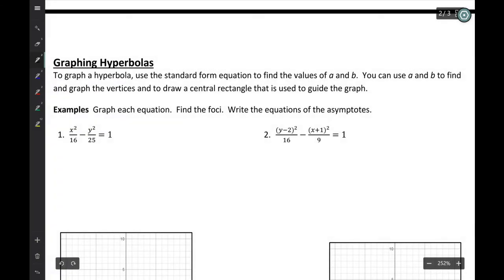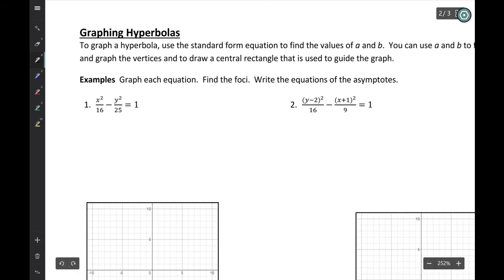All right, let's look at some examples where we're graphing hyperbolas. So when you graph a hyperbola, you want to do the same thing we've been doing. Find a, find b, maybe find c, find the center. For this hyperbola here, we have a center of 0, 0, because there's no left or right transformations.